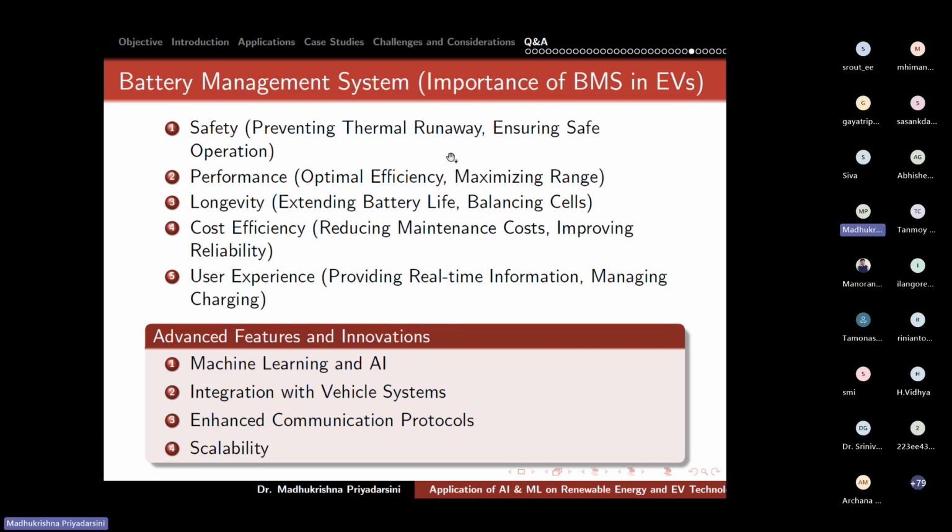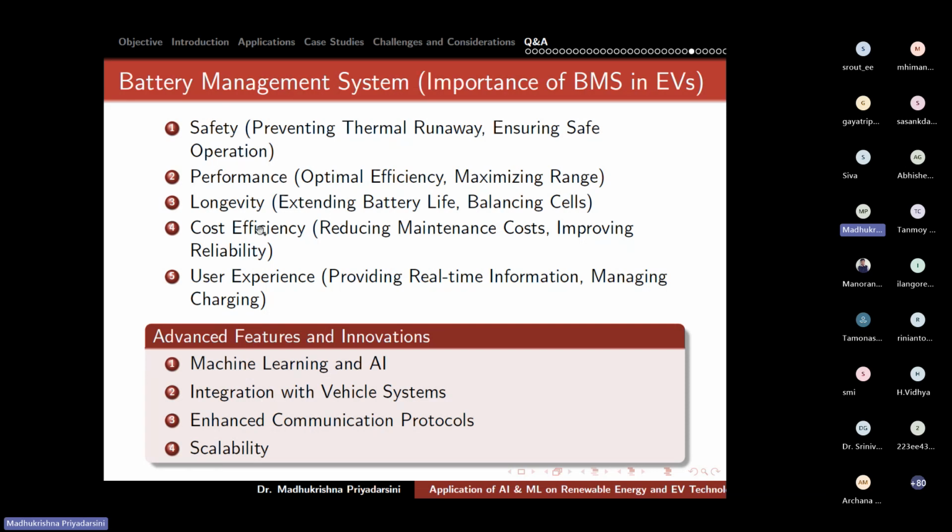It provides thermal runaway protection and safety options, optimal efficiency, maximized range, reduced maintenance cost, extended battery life, real-time information, and management of charging. So how in the BMS are we going to implement AI features? The BMS has AI as an advanced feature and innovation.